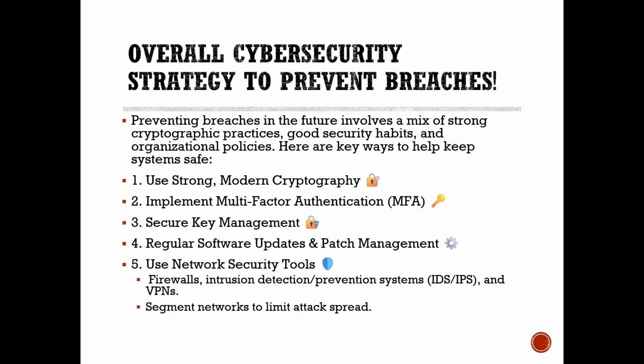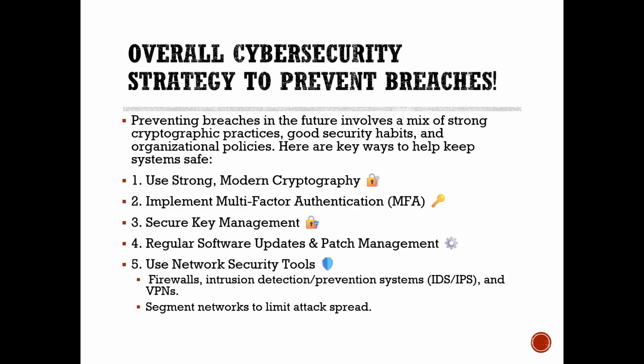Now let us look at the overall cybersecurity strategy to prevent breaches. Preventing breaches in the future will involve a mix of strong cryptographic practices, good security habits, and organizational policies. Here are key ways to help keep systems safe. 1. Use strong modern cryptography. 2.